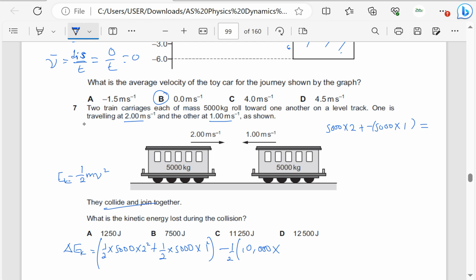It should be equal to total momentum after collision, which is 10,000 times the common velocity, which I'm going to call v. So 5 times 2 is 10,000 minus 5,000, that is 5,000. So v is going to be 5,000 divided by 10,000. So v is 0.5 meters per second. So I'll say times 0.5 squared.